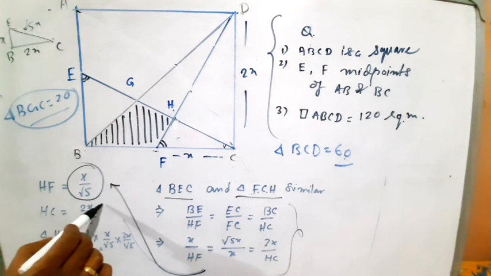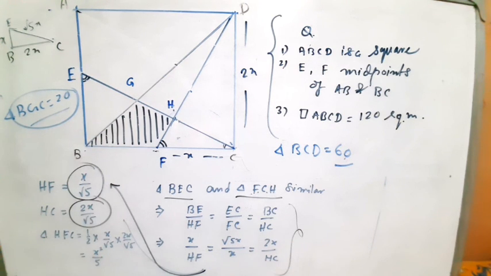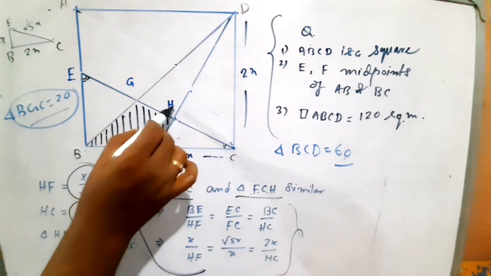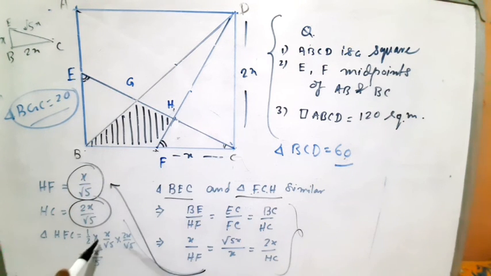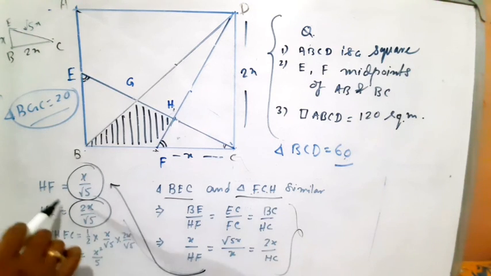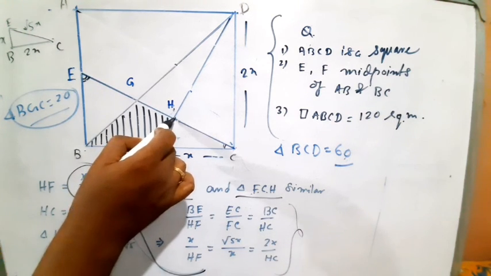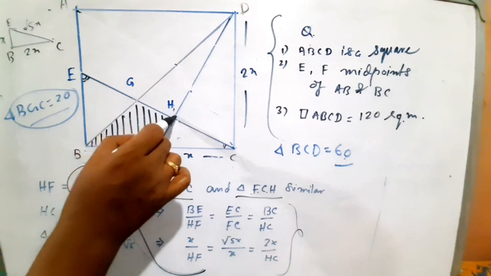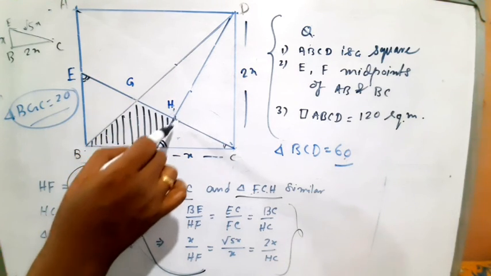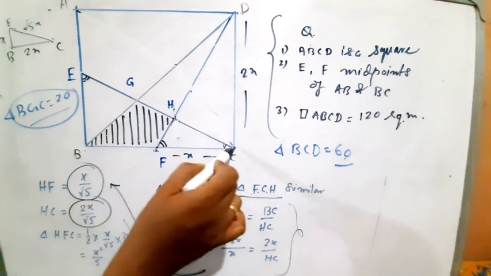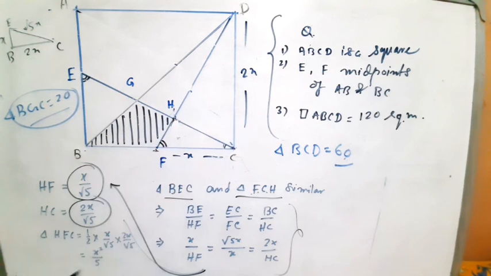Students, try to understand these two points. Clear? Now the area of HFC is half base times height. If this is the base, then this is the height, and if this is the base, then this is the height. So with a simple calculation, the area of this is x square by 5.